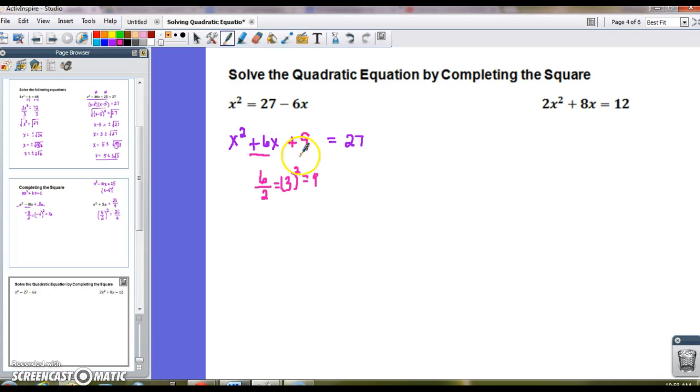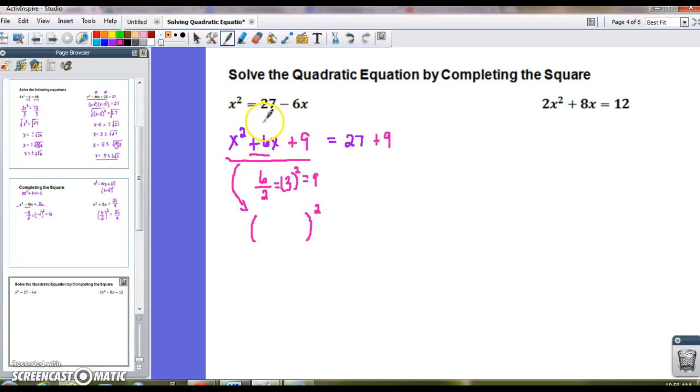So since I added 9 to the left, I have to add 9 to the right to keep equality. To maintain equality, I have to do to one side what I did to the other side. Okay, so now look at this trinomial that we have here. I've got x squared plus 6x plus 9. I can actually write that as the square of a binomial. That's what I'm trying to do, is complete the square.